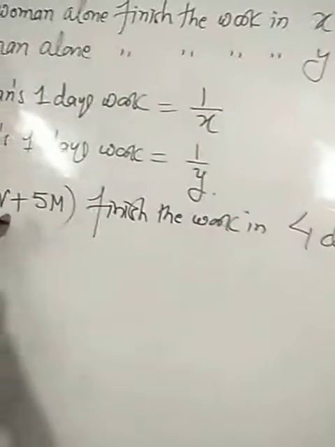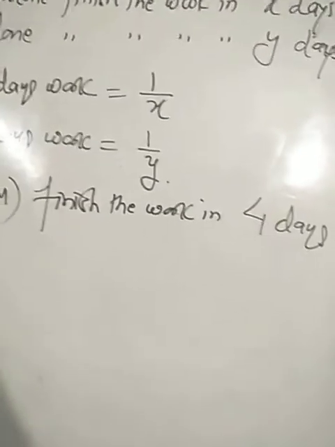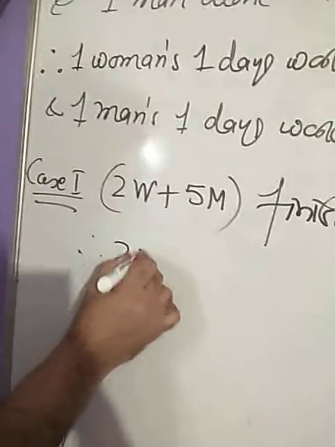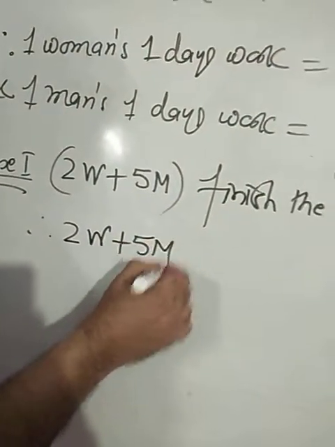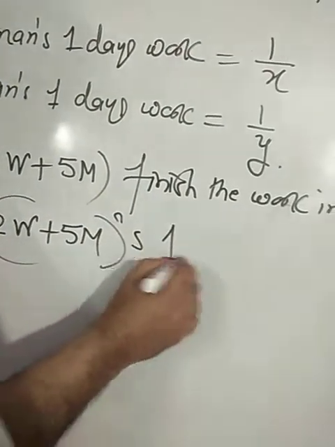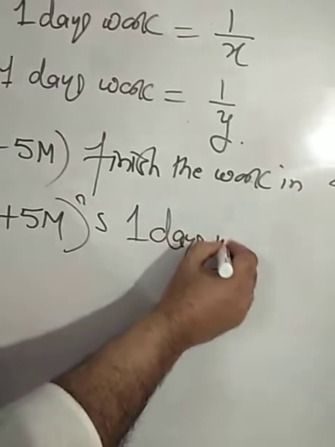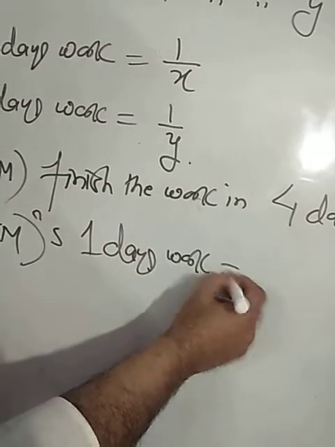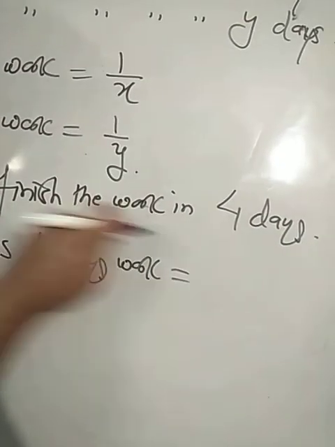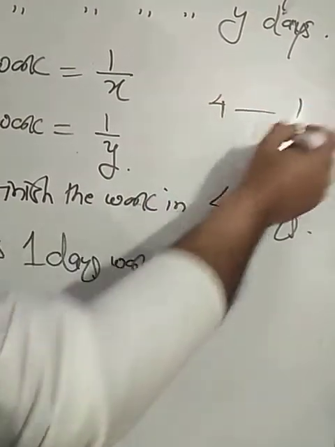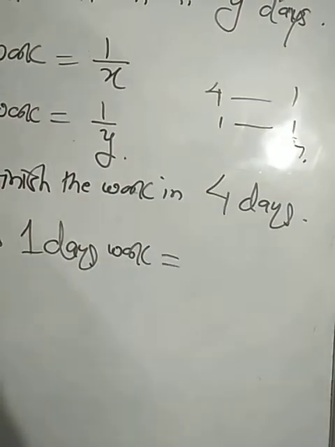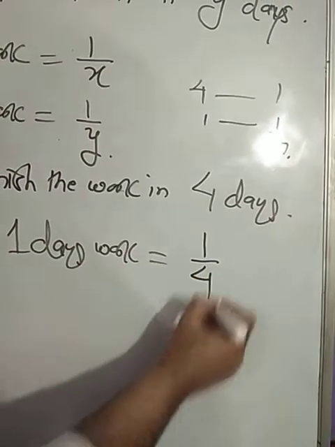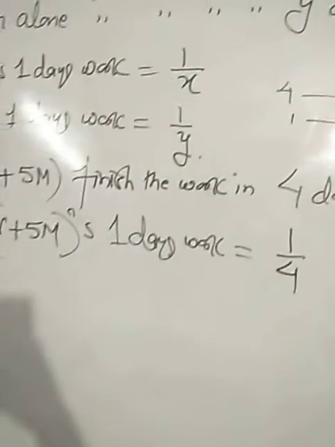So I'll do the same thing. I'll find their 1 day's work. So therefore this group, 2 women plus 5 men's 1 day's work. In how many days is this group completing the work? 4 days. 4 days work is 1. What is 1 day's work? 1 upon 4. Now see, I'm going to get my first equation.